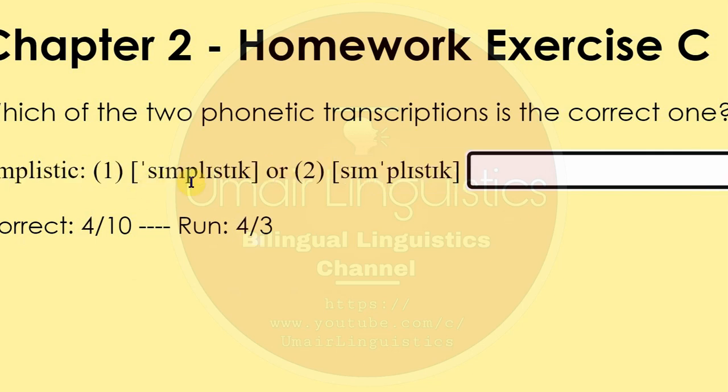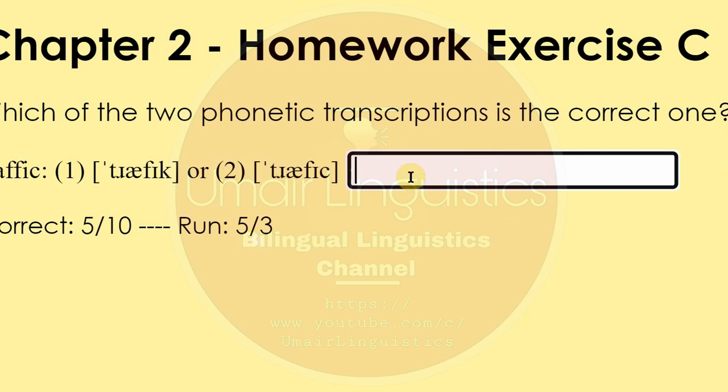Then simplistic. Now we can see the possible error will be in the stress marks. Initially we don't have a very good concept of the stress marks unless we listen to a word or look up that word in the dictionary. Because I have already verified it, the second one is correct, simplistic. The reason might be that in simplistic the first one, sim, is a very short vowel which usually comes in an unaccented or unstressed syllable.